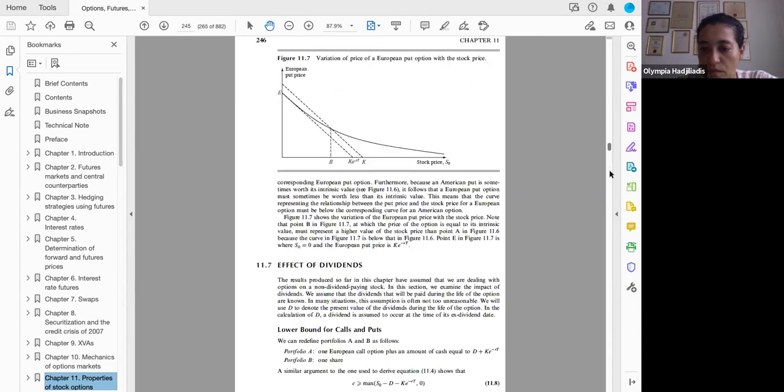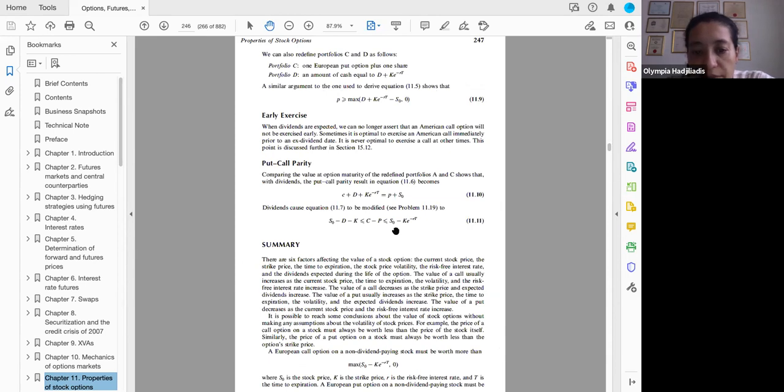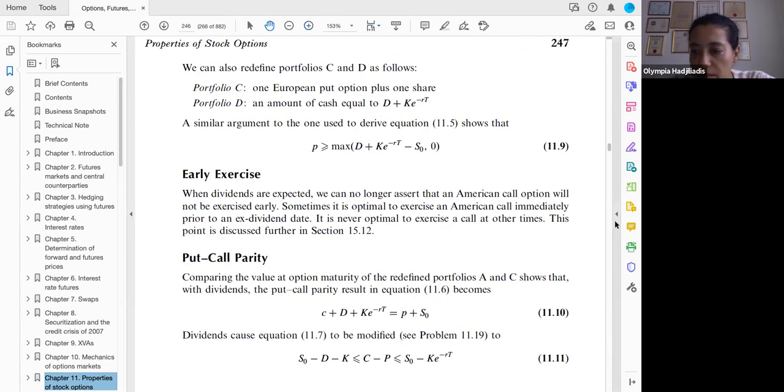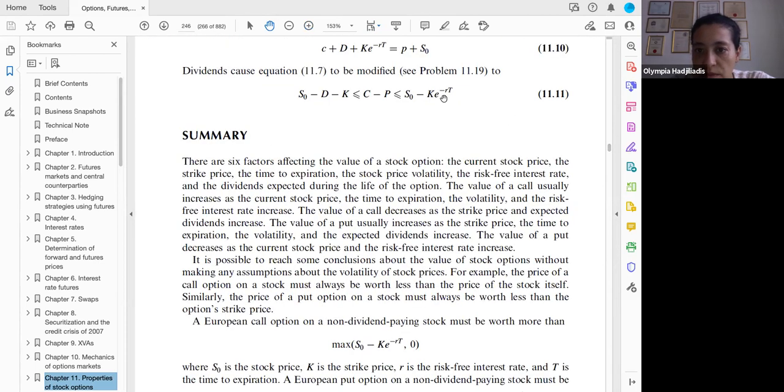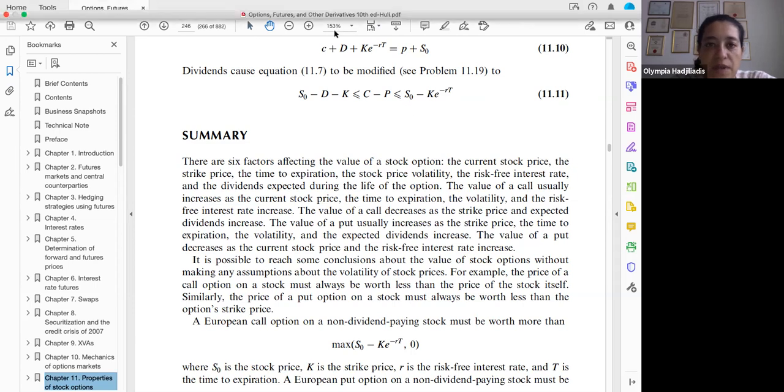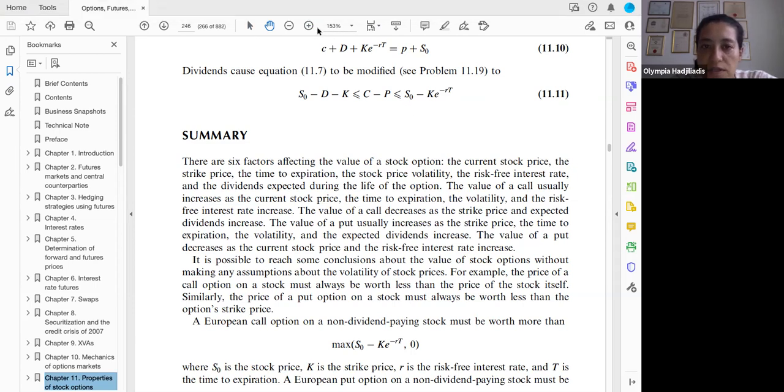So there is 11.11. It's basically the upper and lower bounds for the difference between the American call and the American put in the case that dividends are allowed. So let's just look at it one more time. It's right here. C minus P is lower bounded by S0 minus D minus K and upper bounded by S0 minus K e to the minus rT. So now that we know this, let's go and try to prove it.